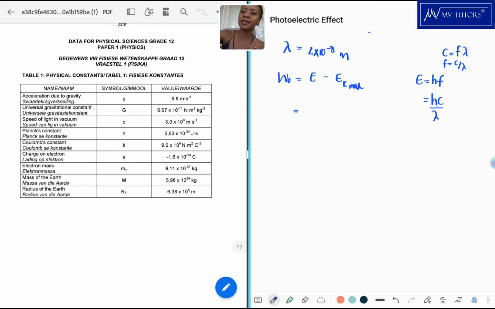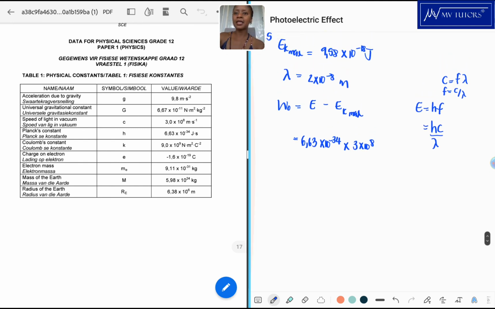So we have 6,63 times 10 to the power minus 34, and I multiply by the speed of light, which is 3 times 10 to the power 8. Let me just erase all of this. These are my side notes.